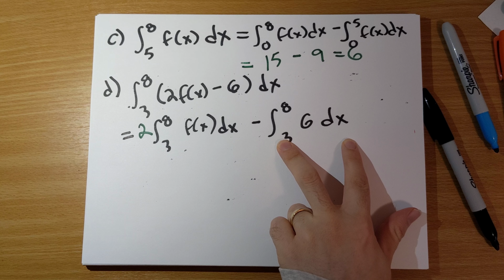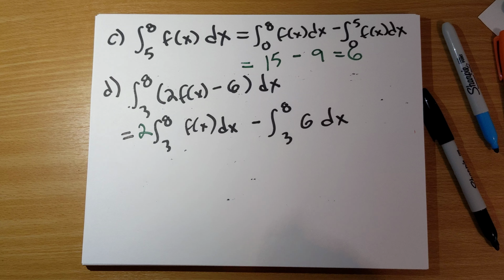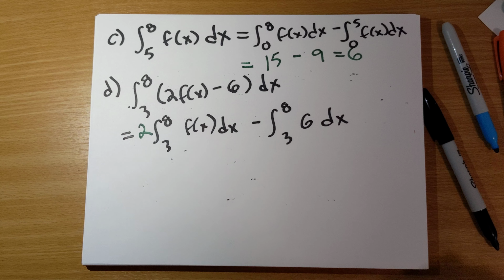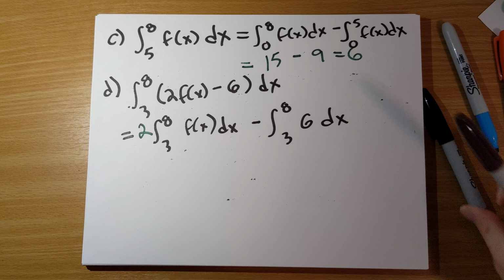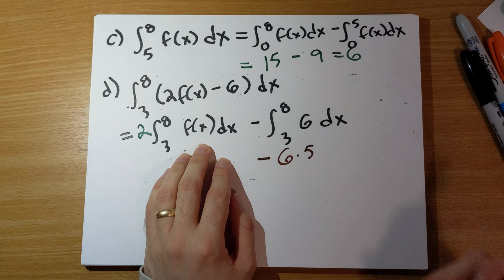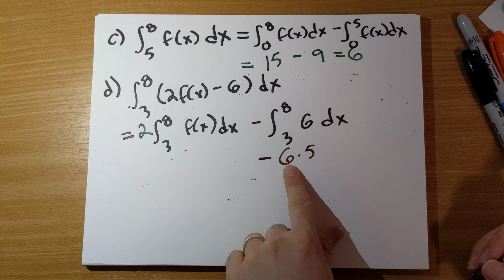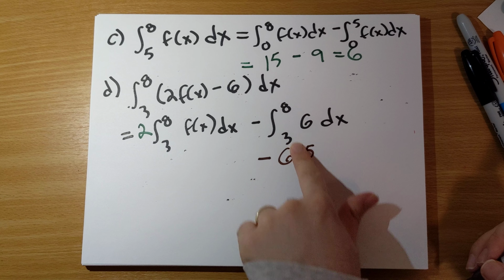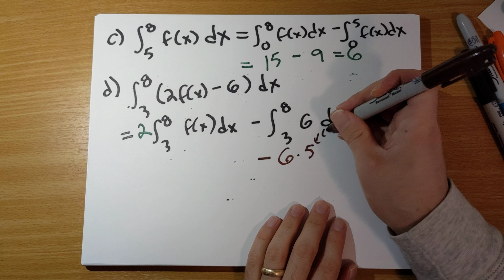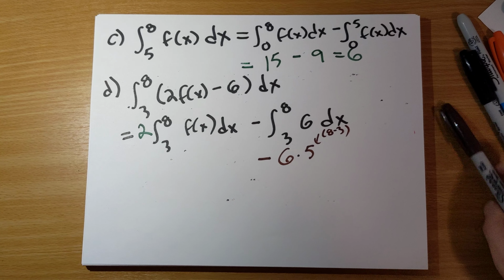This is a very straightforward integral to evaluate because we know this is just a constant being evaluated over some interval. And so the answer here is just 6 times the length of the interval, and 8 minus 3 is 5. That's where that comes from.